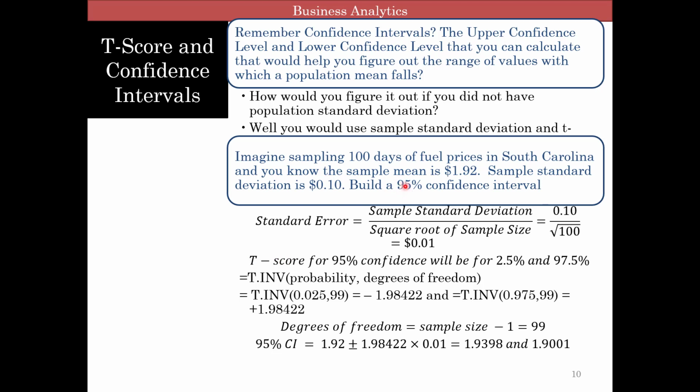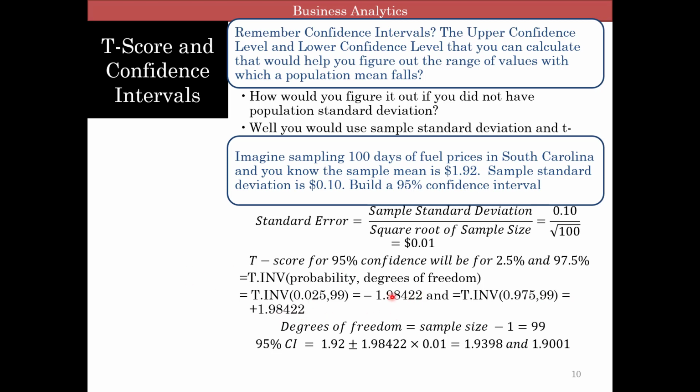Remember, for 95% confidence, you'll be looking at 2.5% and 97.5%. The t-score with 99 degrees of freedom for 2.5% is negative 1.984, and for 97.5% with 99 degrees of freedom it is positive 1.984.